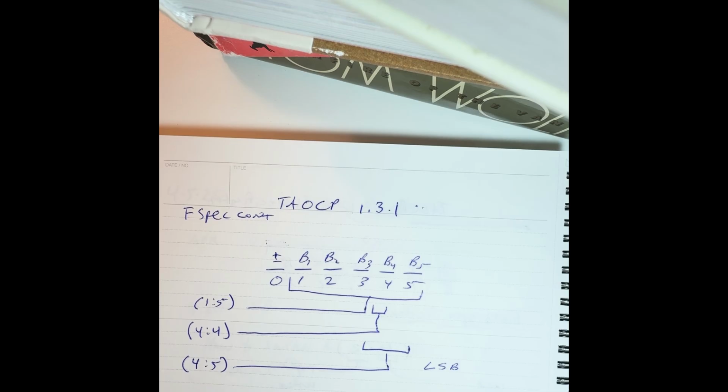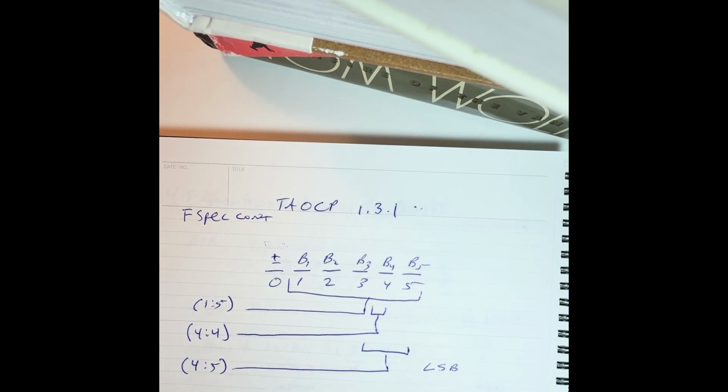So the highest number that would be is 5:5, I believe, right? Because 5:5 would be the max. And that would be 8 times 5 plus 5 is equal to 45.